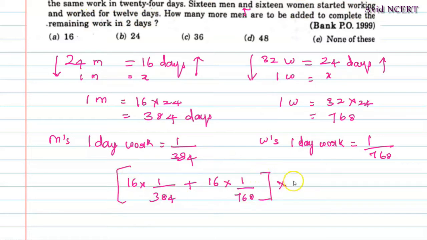So they both worked for 12 days, into 12. This can be done in two ways. I'll show the first method here.